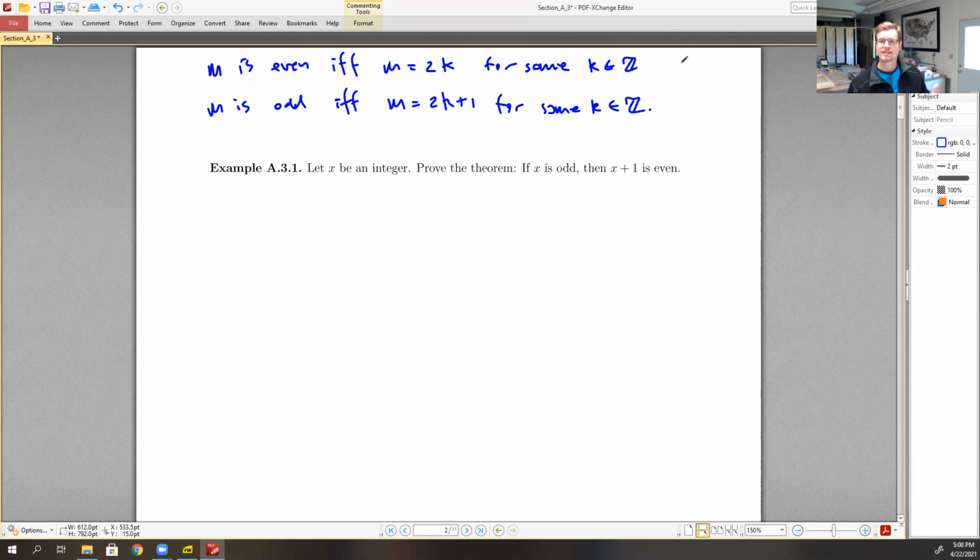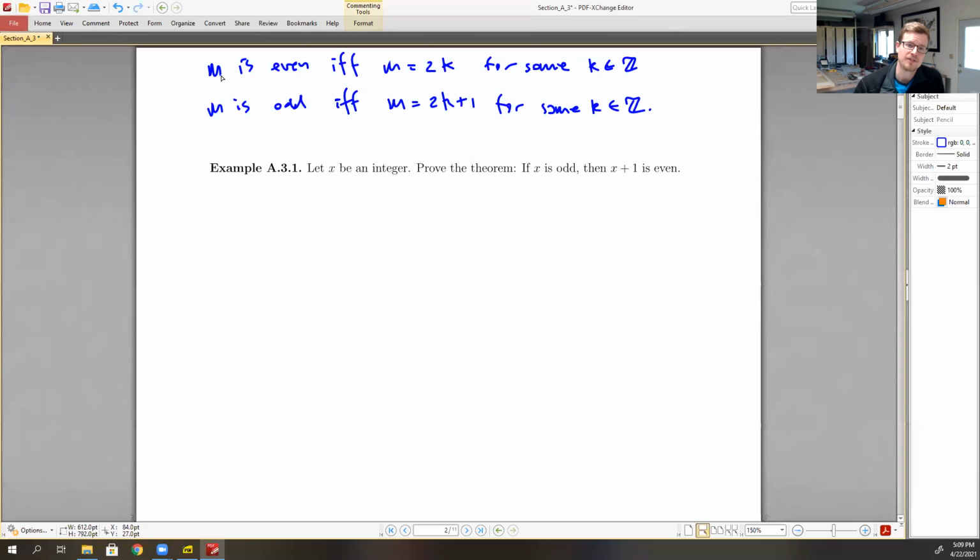So we can already see that this is almost obvious. To go from an even to an odd, I just have to add 1. That makes sense. But here we're going from an odd to an even. So we want to show that if x is odd, then when we add 1, we get an even number. And we can do that by recognizing the form in which we can write even and odd numbers.